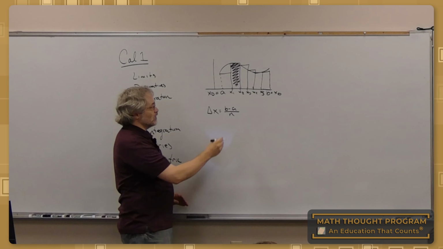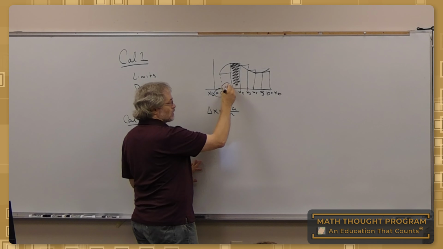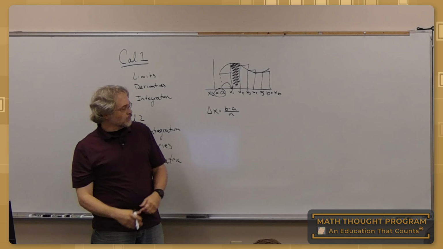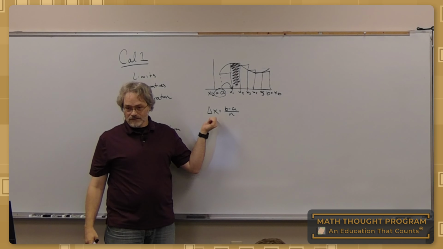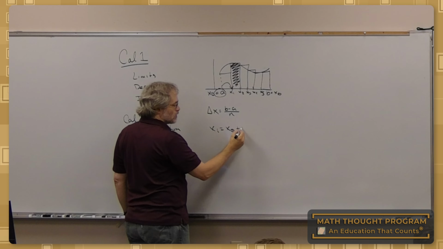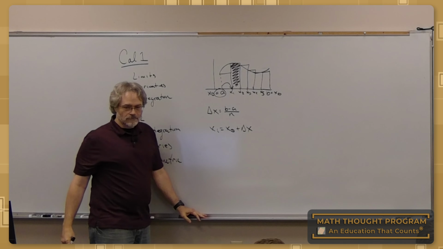If you want to go from here to there, to x1, you travel a distance called delta x. So in other words, x1 is nothing more than x naught plus delta x.